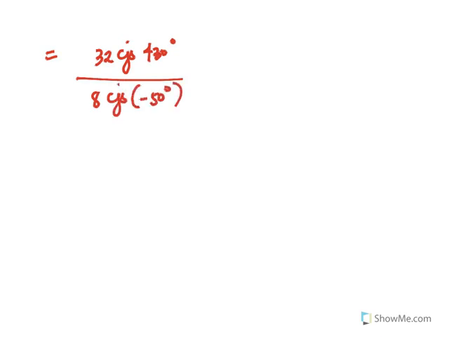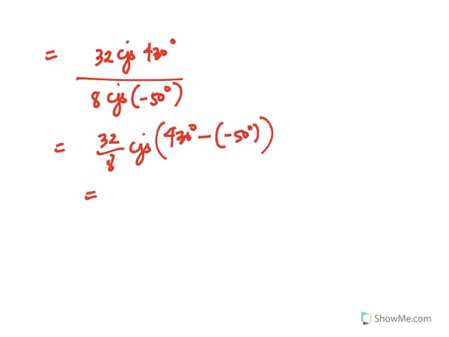So pag pinag-add mo yung 270 plus 160, that's 430. Okay, so divide na ngayon, you'll have 32 over 8 cis 430 minus negative 50. So you have now difference ng arguments, which is 4 cis 480 degrees.